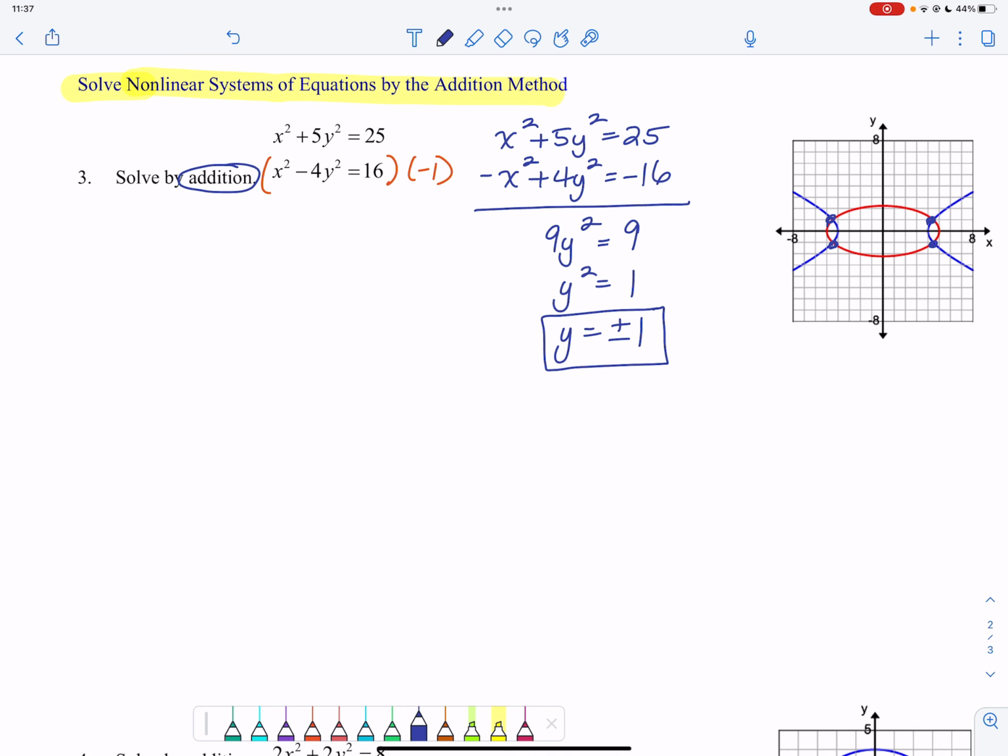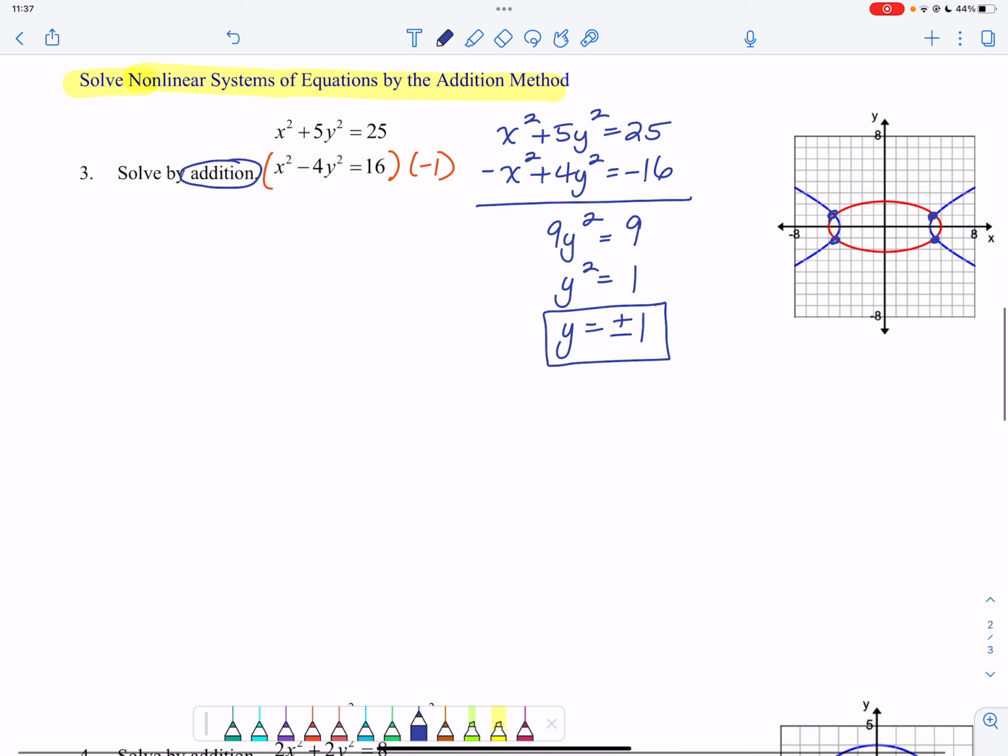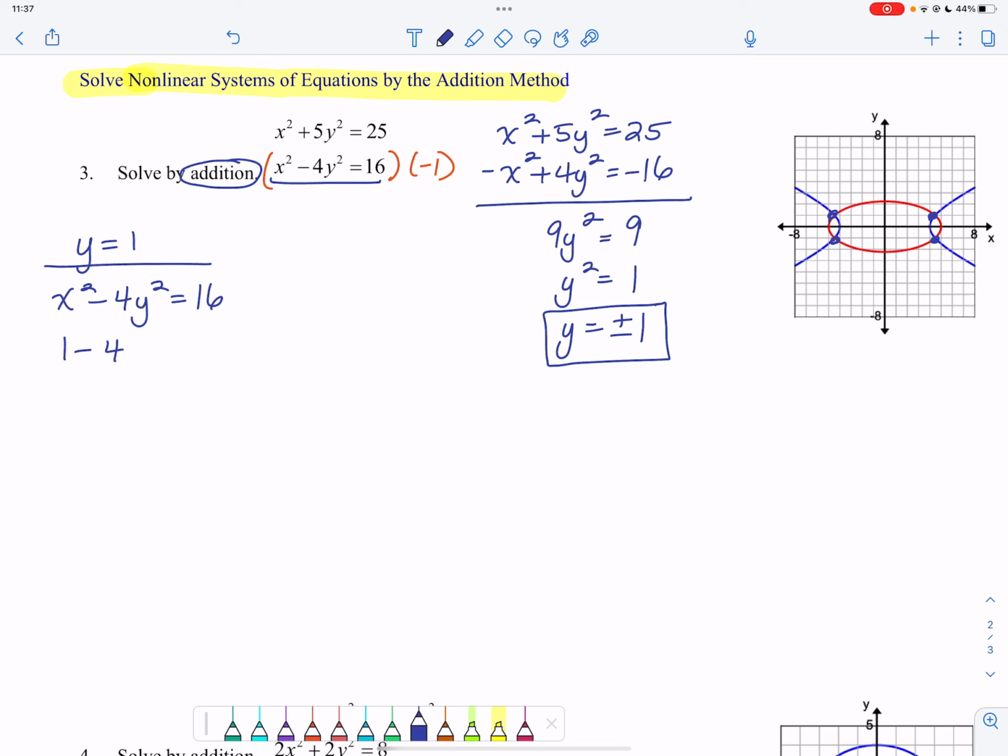You can plug these into either equation in the system, but since we used that first one, we're now going to use this next one. So we'll have y equal to 1, and we have x squared minus 4y squared equals 16.